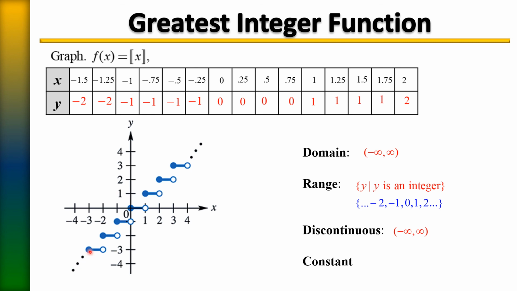I can see that it's constant from -3 to -2, and then it jumps up and is constant from -2 to -1, and so forth. So it is a function that has constant pieces, and then it jumps up to the next integer, and it repeats that process throughout its domain, and that's the greatest integer function.